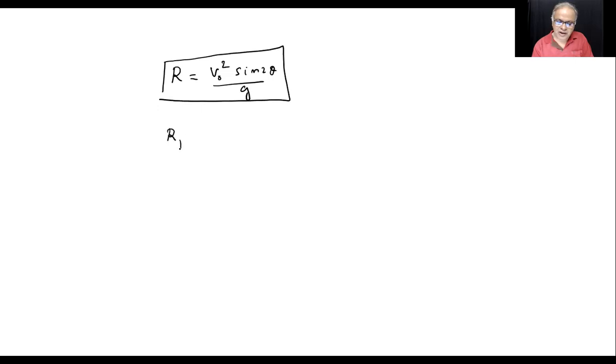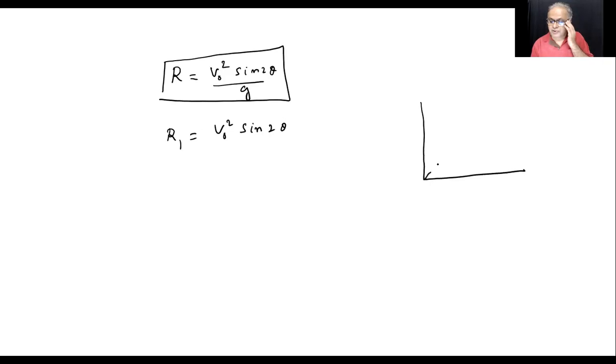So what should I do now? What is the formula for R, Takshil? Sir, it's V naught square sine 2 theta by G. Sine 2 theta by G. This is the formula from where we need to start. R1 for theta will be V naught square sine 2 theta by G. You know what he is saying?